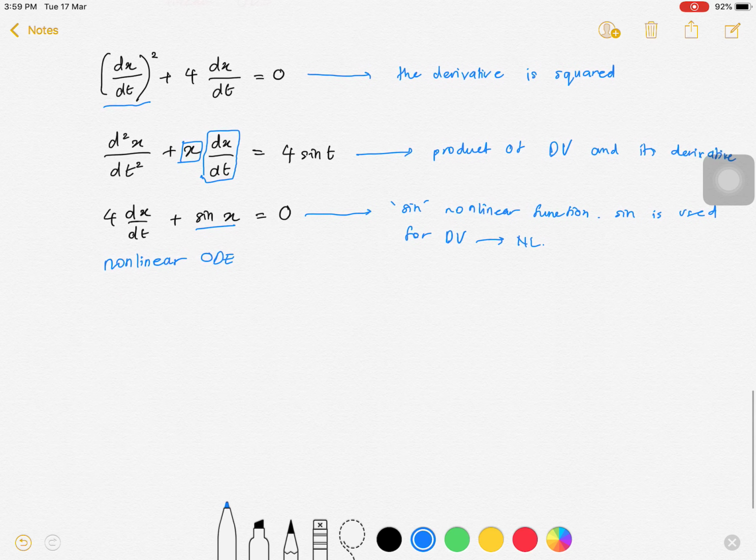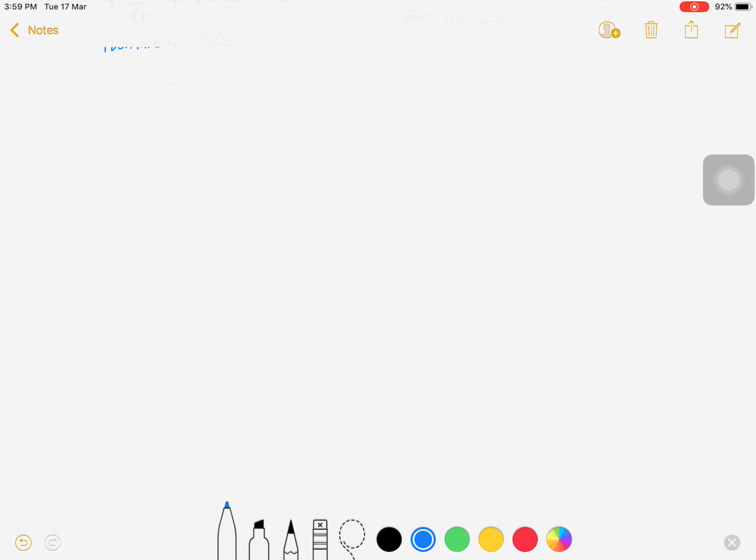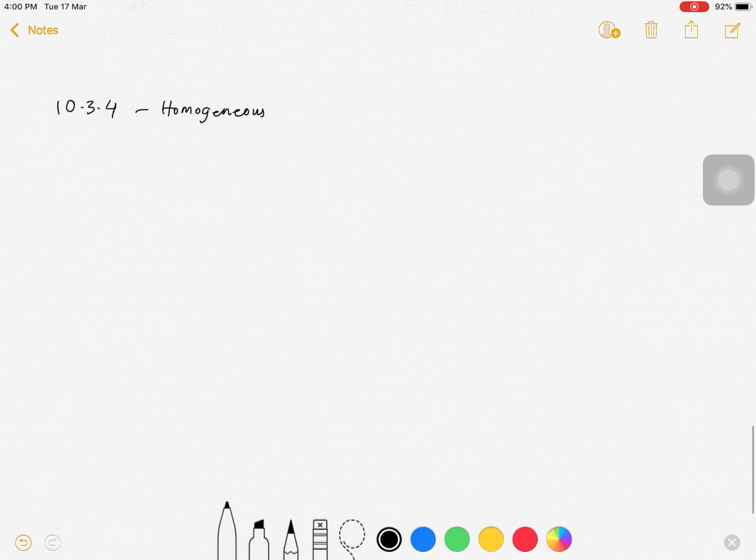And now we go to the next classification, in subtopic 10.3.4: homogeneous and non-homogeneous equations.